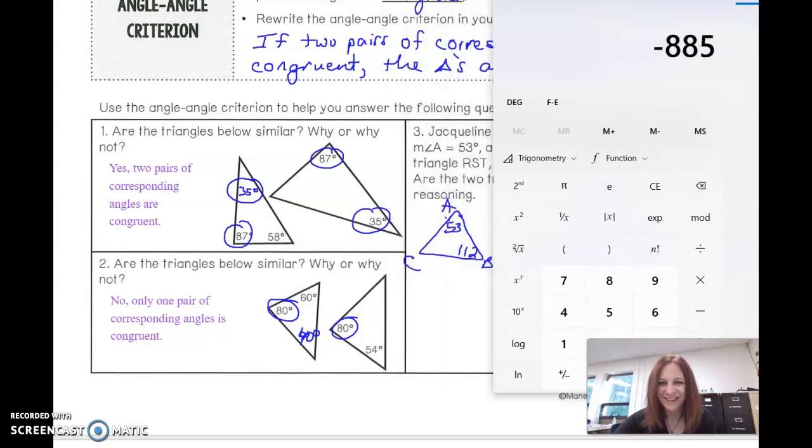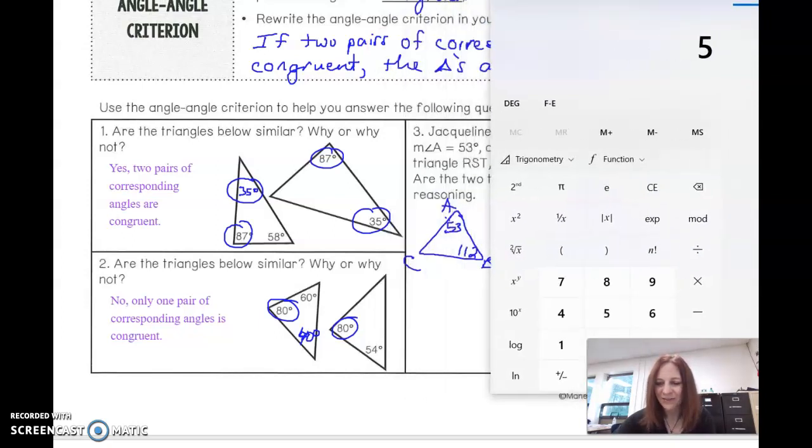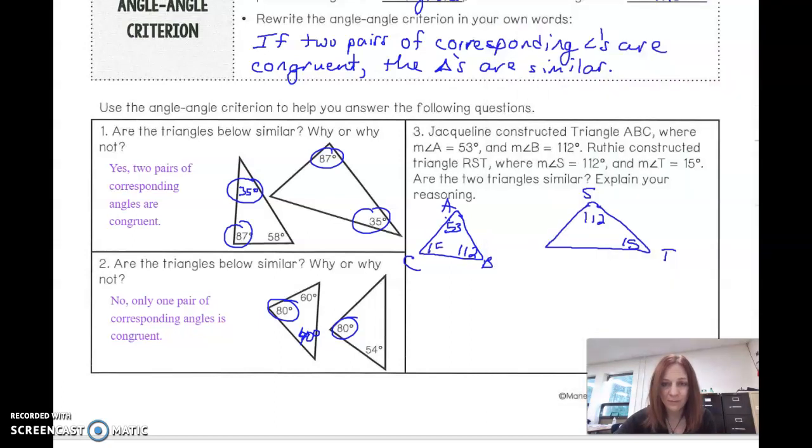All right. 53 plus 112. 180 minus 165 is 15. Okay, so we'd say yes. Two pairs of corresponding angles equal. I'll let you guys write that in. So this is what we're working on. Trying to figure out if two triangles are similar by the ratio of their sides or having two pairs of angles congruent.